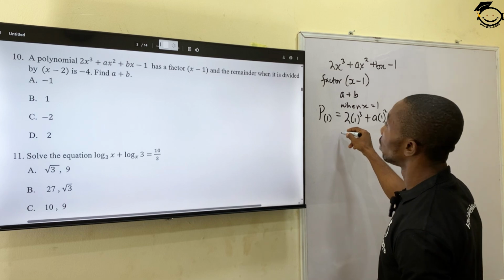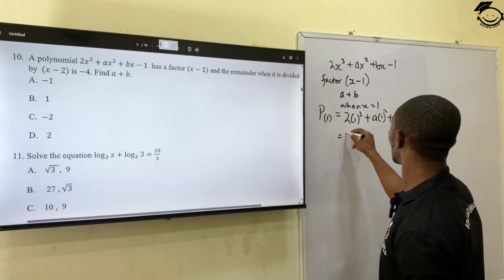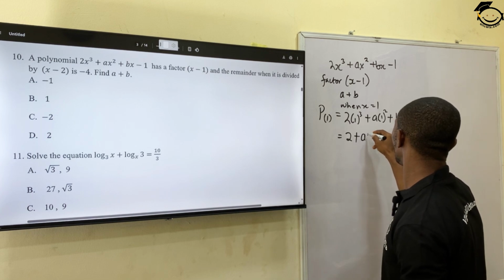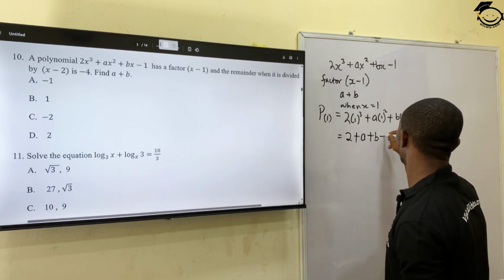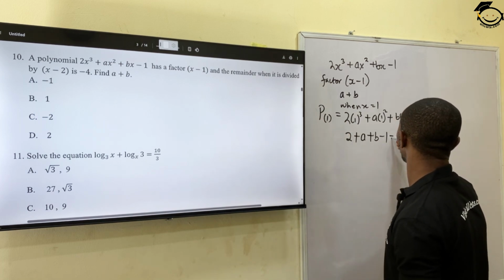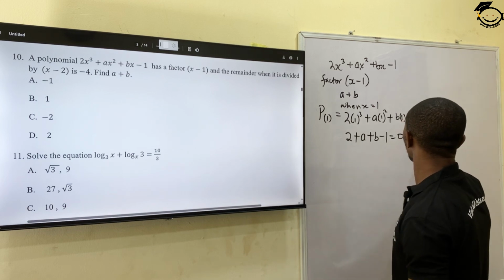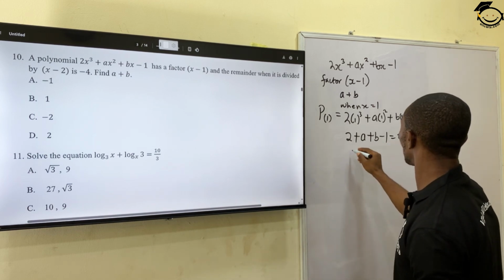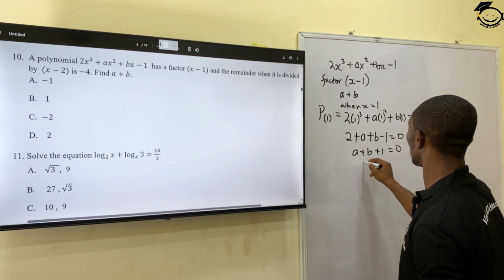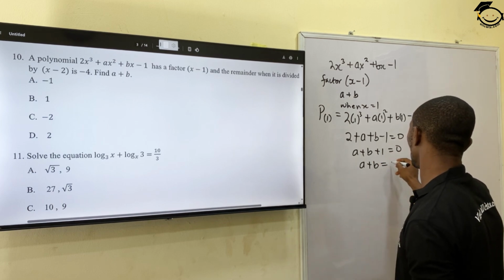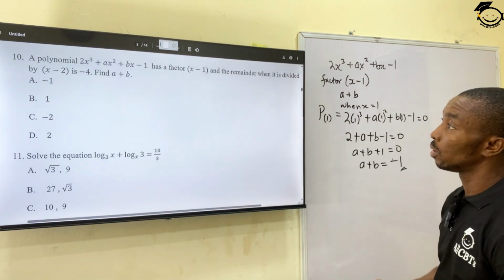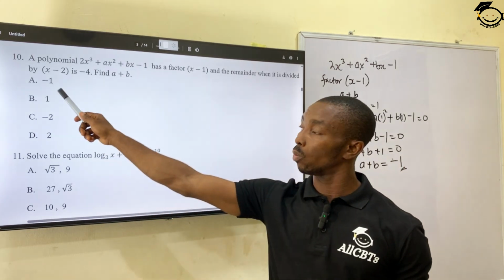Okay, this will give us 2 plus a plus b minus 1, which equals 0. So this will give us a plus b plus 1 equals 0. So our a plus b equals minus 1.